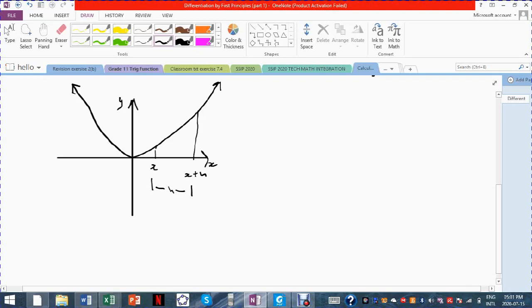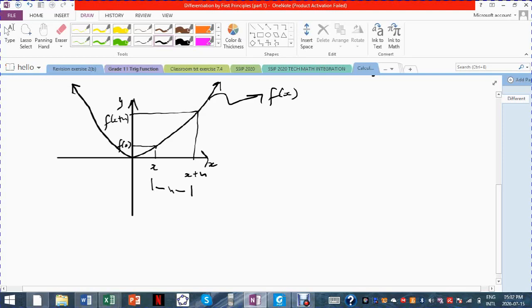So if this is our f of x, then substituting x in place of x will give us f of x. So the corresponding y value here will be f of x, and the corresponding y value here will be f of x plus h.